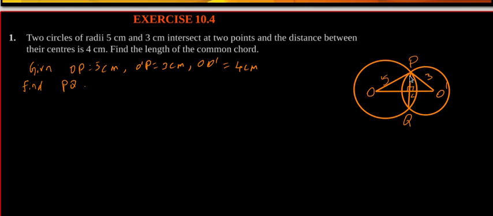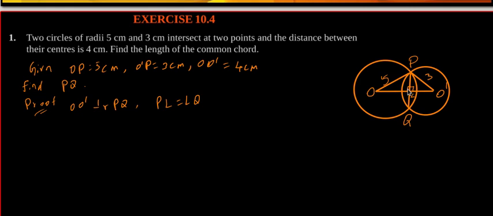This implies that OO dash is perpendicular to PQ as well as it bisects PQ. If we take the midpoint as L, then PL equal to LQ. This we know according to the theorem: the line drawn through the centers is the perpendicular bisector of the common chord.